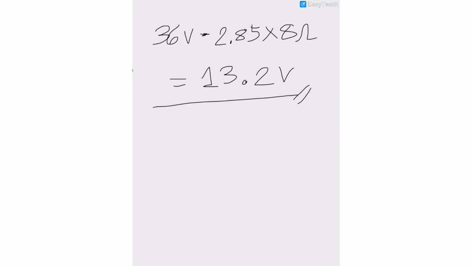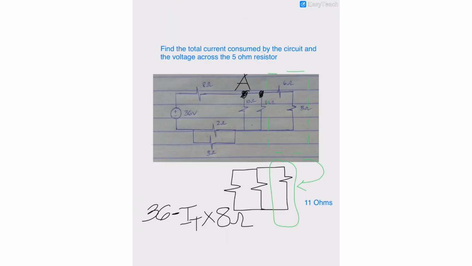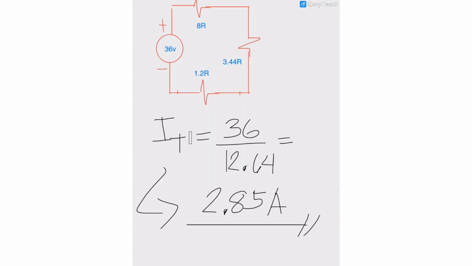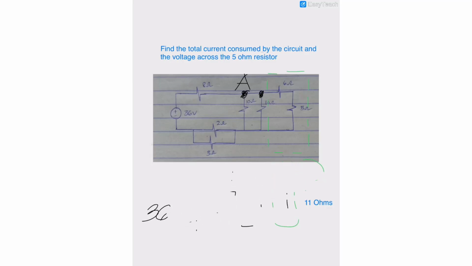Okay, therefore we can say at node A the voltage is 13.2 volts, and so we can solve for the voltage across the 5 ohm resistor. By what principle?